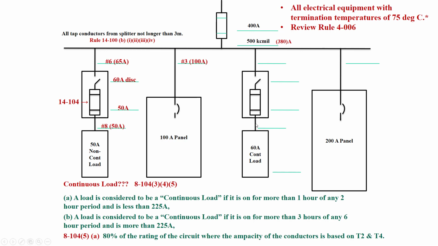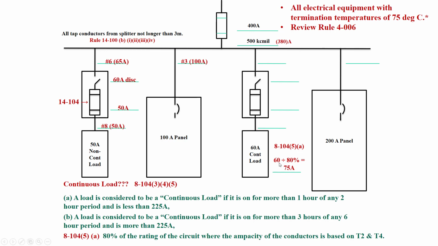So the 60 amp load can only be 80% of the ampacity of this wire. So what do we do with that? If you want to refer to 8-104 subrule 5A, that'll help you out with this. 60 amps divided by 80%, or 0.8, gives us a minimum ampacity of 75 amps. We could also multiply by 1.25. It's the same as dividing by 0.8.